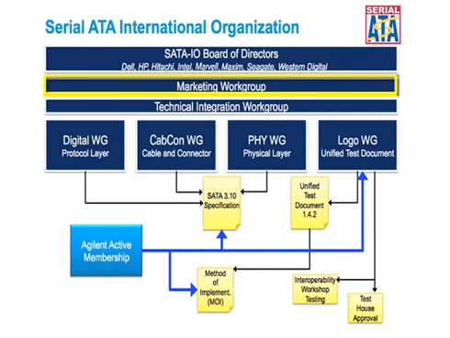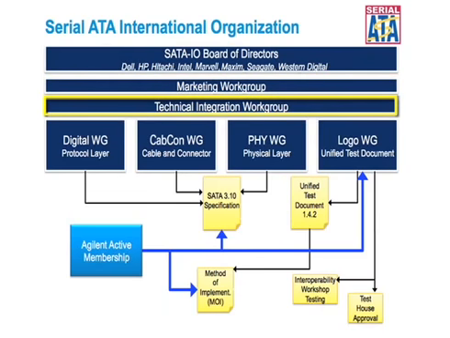And below that board of directors layer, there is the lower layer called the marketing work group. So this marketing work group's charter is to promote the SATA technology. And right below the marketing work group is the technical integration work group. This technical integration work group will look at all the technical aspects of the specifications.